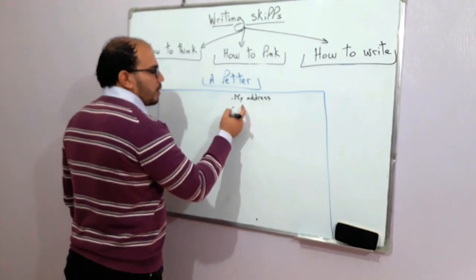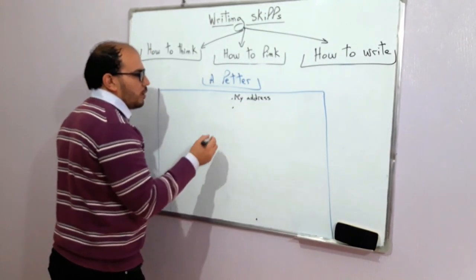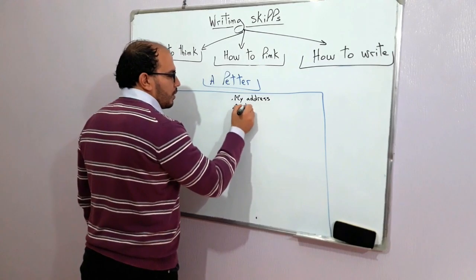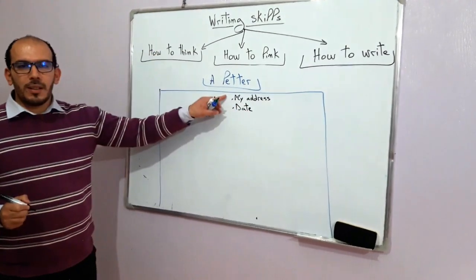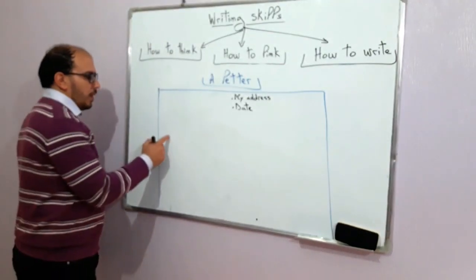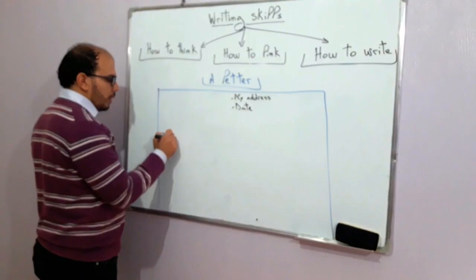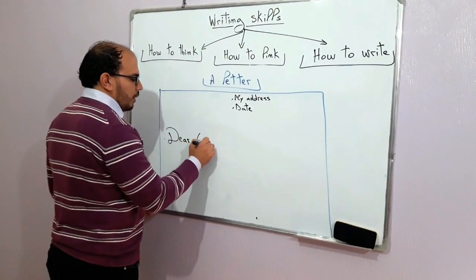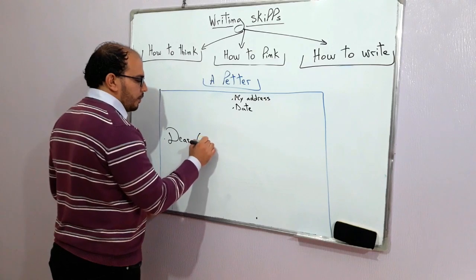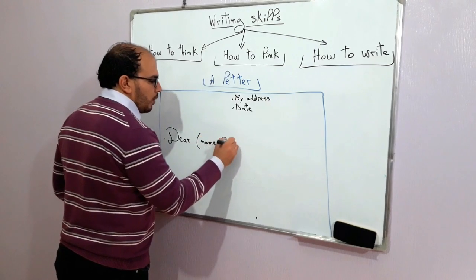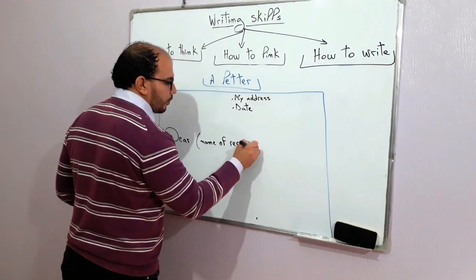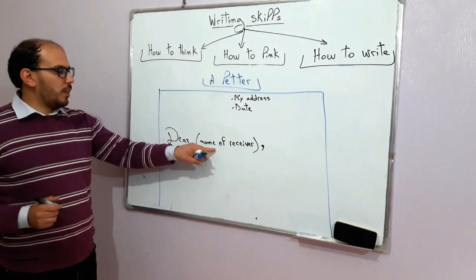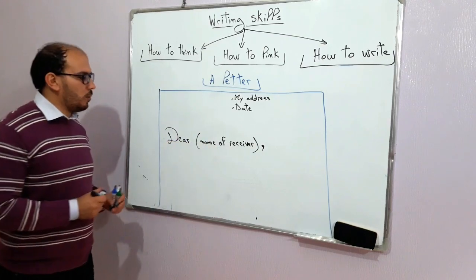Then after my address, I should write the date. So my address, then the date. And then move next to write the greeting. So I say dear, and then the name of the receiver, or I can generally say dear friend and so on.